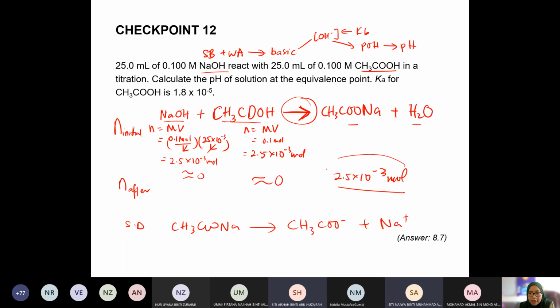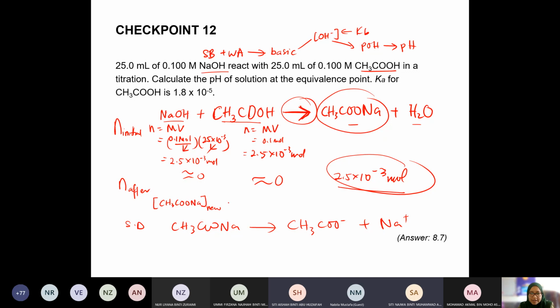But at the moment we only have the mole. So kita nak concentration. Itu kita kena bersabar. So in order to find the new concentration of CH3COO minus, that's why you kena totalkan the volume.